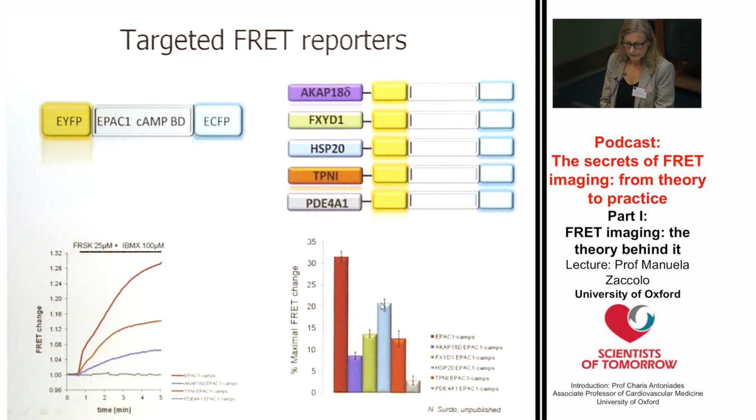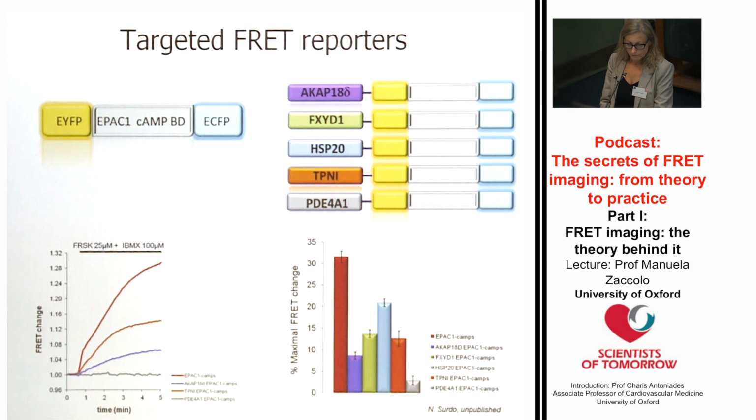Our initial simple-minded approach was to take the FRET reporter that I described earlier, which is a cyclic AMP binding domain sandwiched between YFP and CFP, and fuse to it a number of proteins that will carry our sensor where we want it to go.